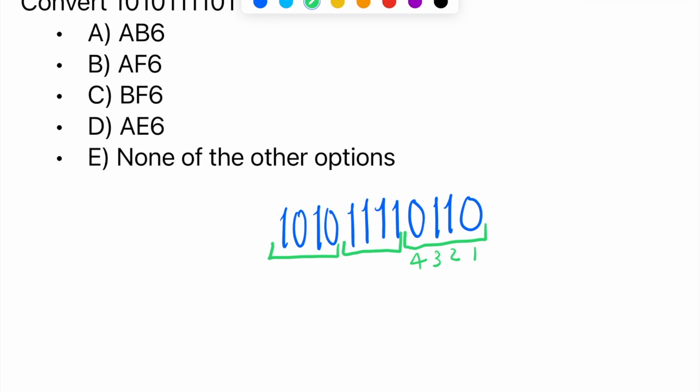A quick side note: if we had a few more digits and the last group isn't a full 4 bits, no need to panic.